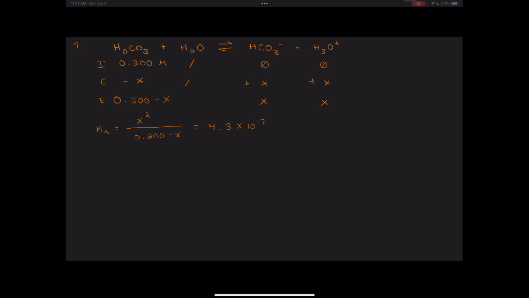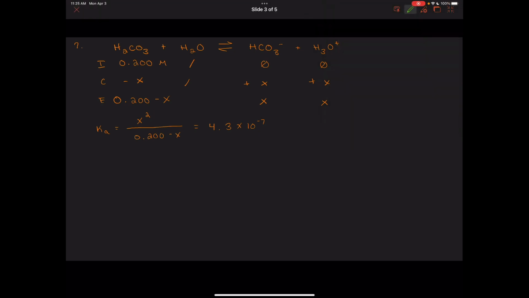In doing so, remember that we've got small K's here. So if K is small, we're going to check for X's negligibility. Remember, we do that by taking K divided by I. If it's less than or equal to 10 to the negative third, x is negligible. In this case, we would find that x is negligible.